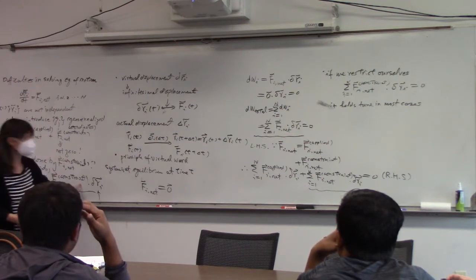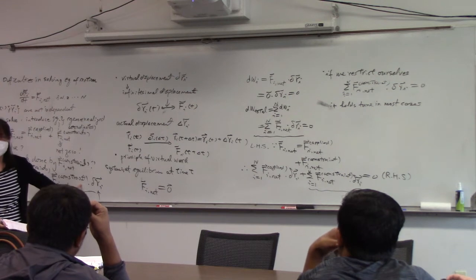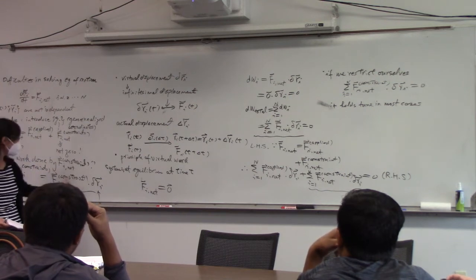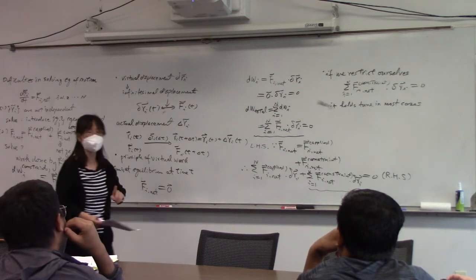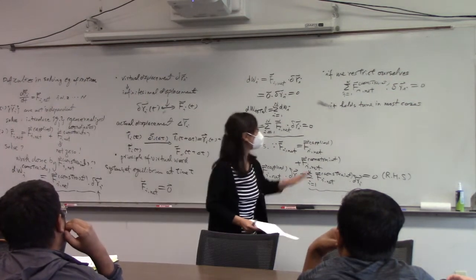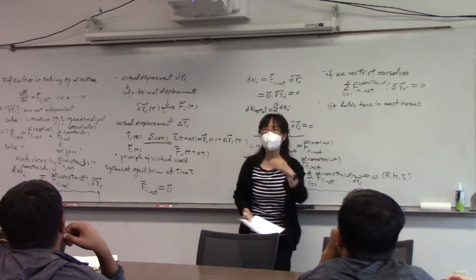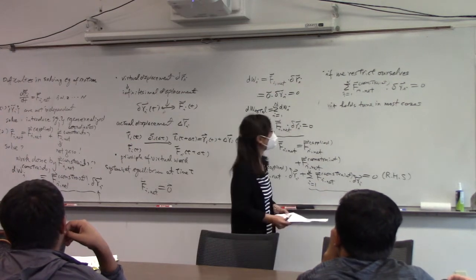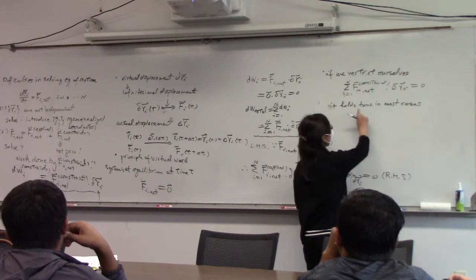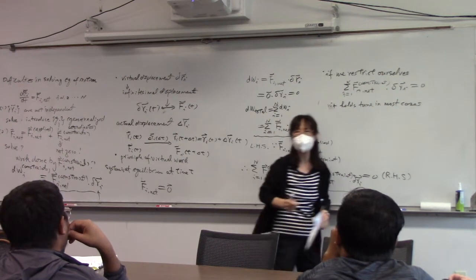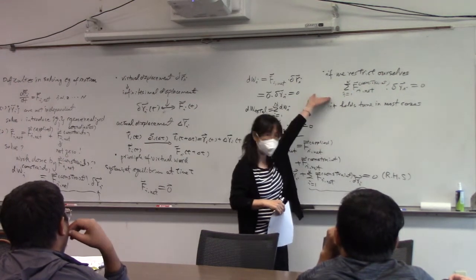If perpendicular, then the inner product is 0. Even though the force is not 0, this work is 0. That is in most cases: the force due to the constraint doing work is perpendicular to delta r. Of course, there are a few other cases, but we are going to restrict ourselves to this case.